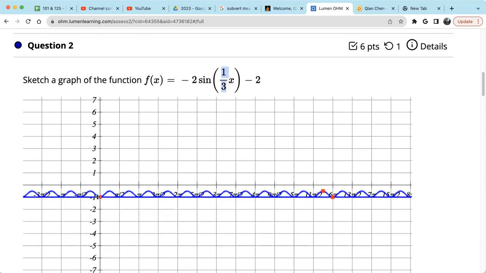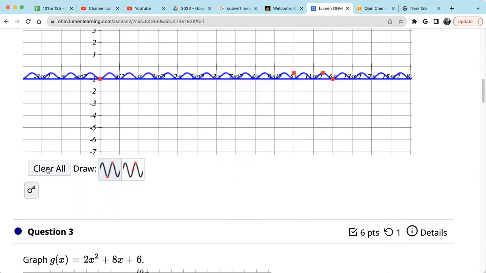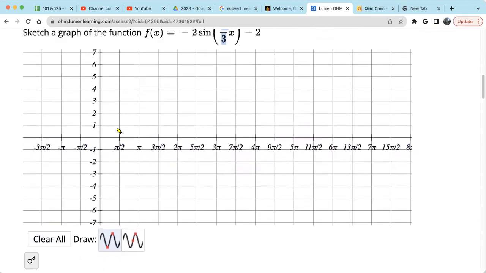Graphs. Sorry, I cannot stop this. And since it's sine, (0, 0) is on the graph. So how do we graph? We use 5 points. I'll clear all of this.